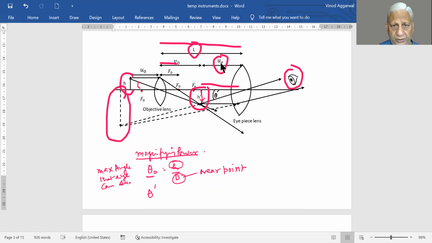This distance is UE. So our theta dash is h dash by UE, and our magnification becomes theta dash by theta naught, which is equal to h dash by UE.